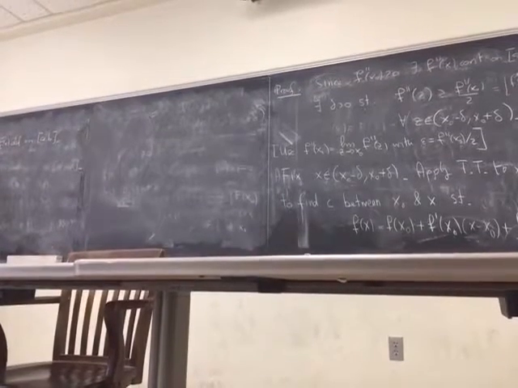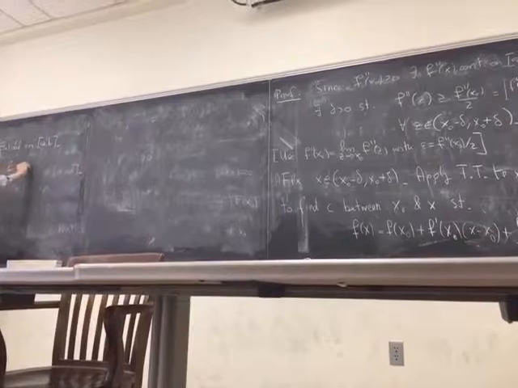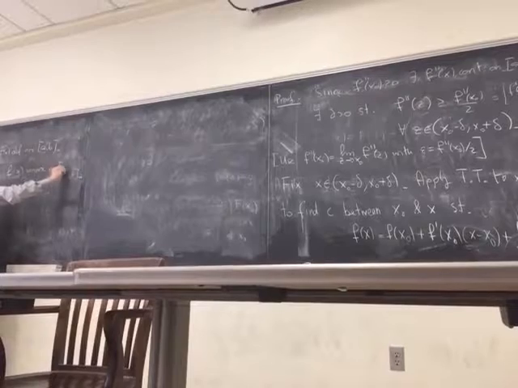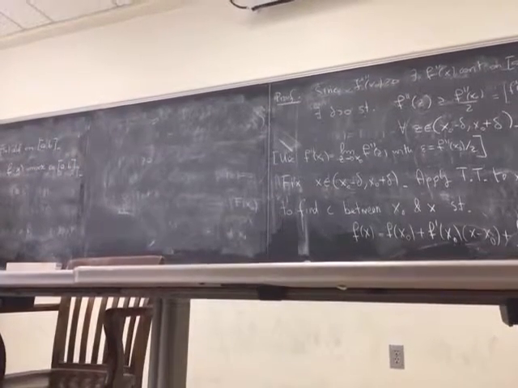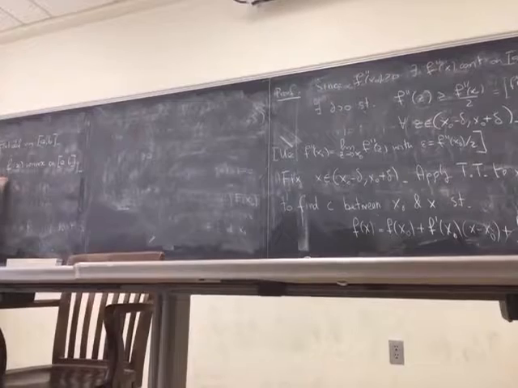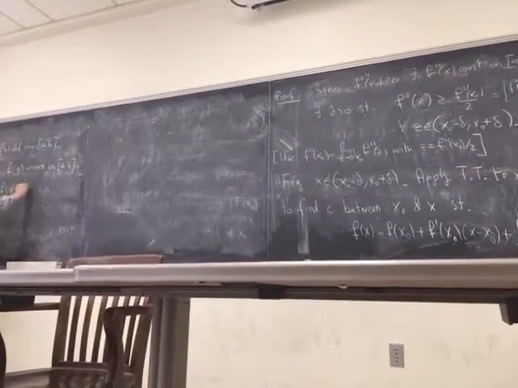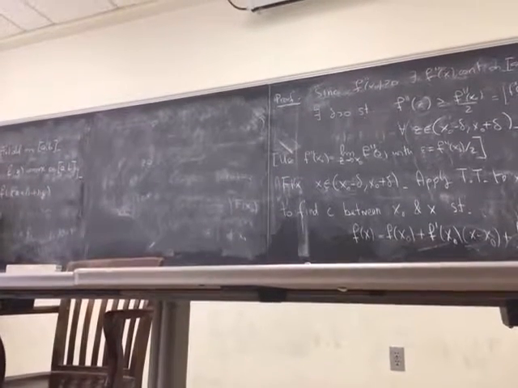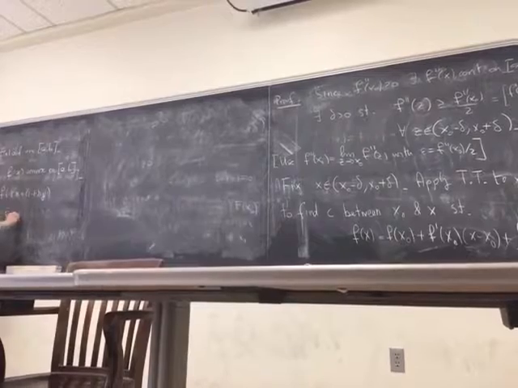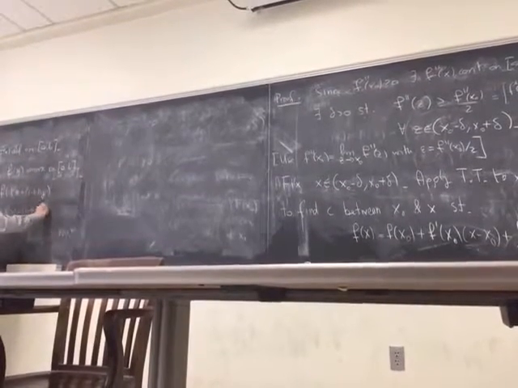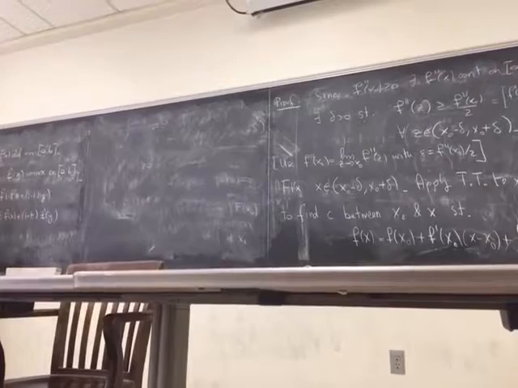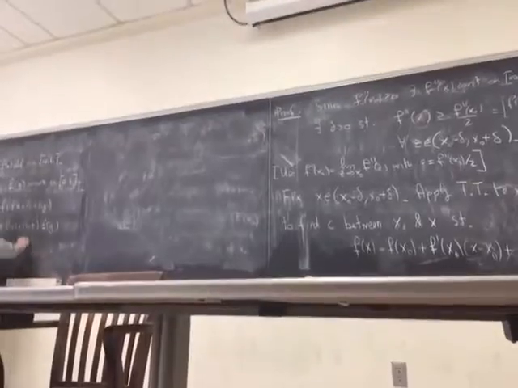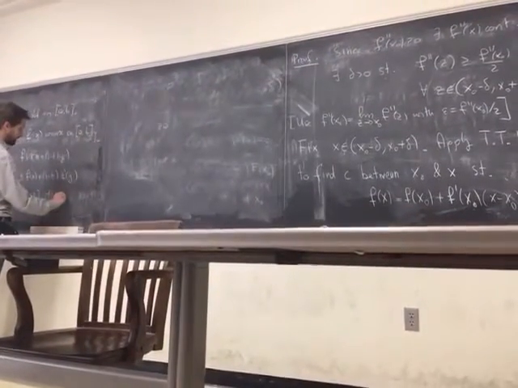Definition: f of x is convex on AB if f of tx plus 1 minus t y is strictly less than t f of x plus 1 minus t f of y for every x and y in AB, for every t in 0, 1.